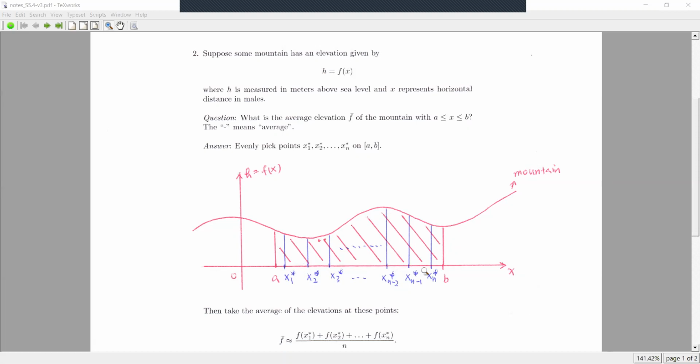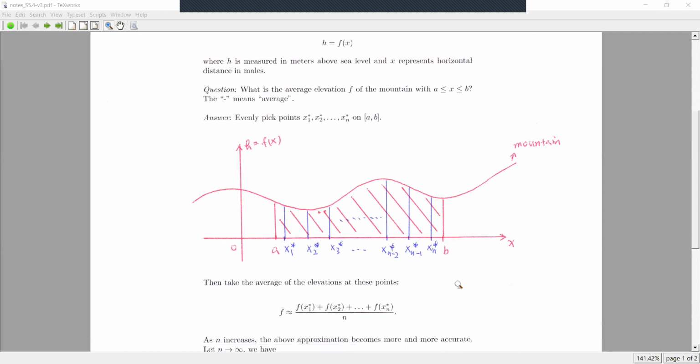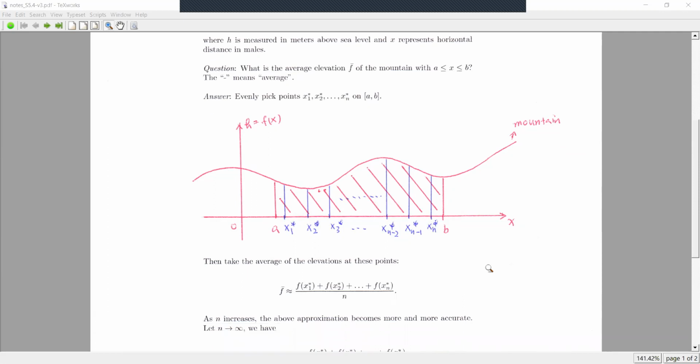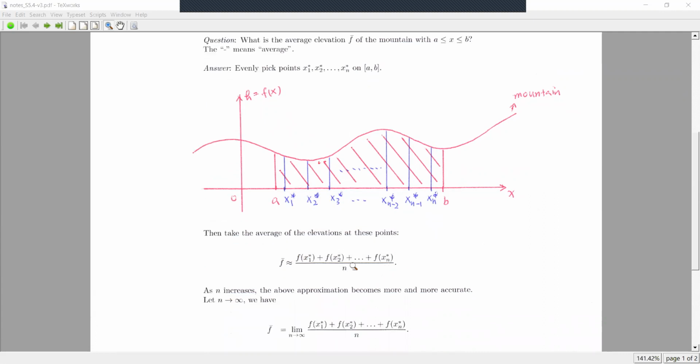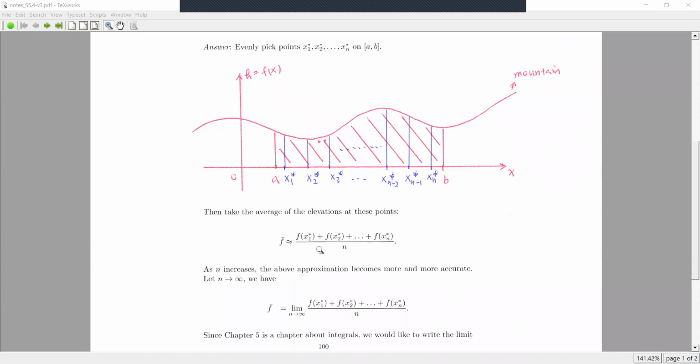Now we have n points, so we have n elevations of the mountain. Now take average on these n elevations. This average is roughly the average elevation of the mountain between A and B.